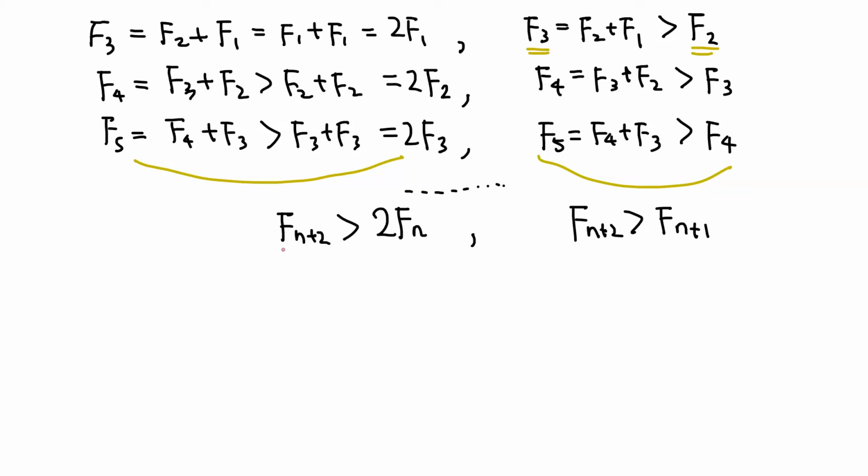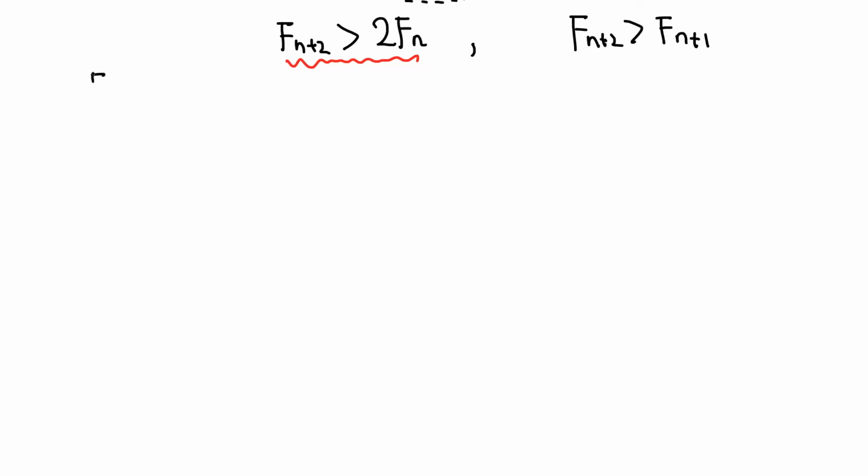And let us actually rewrite these former parts right here. So first we have F3 equals 2F1 and F4 is greater than 2F2 and F5 is greater than 2F3.